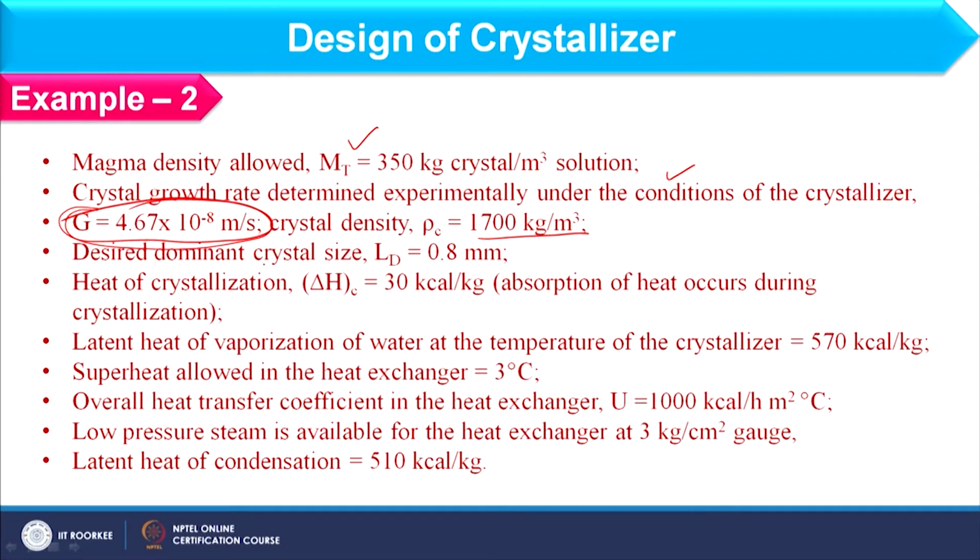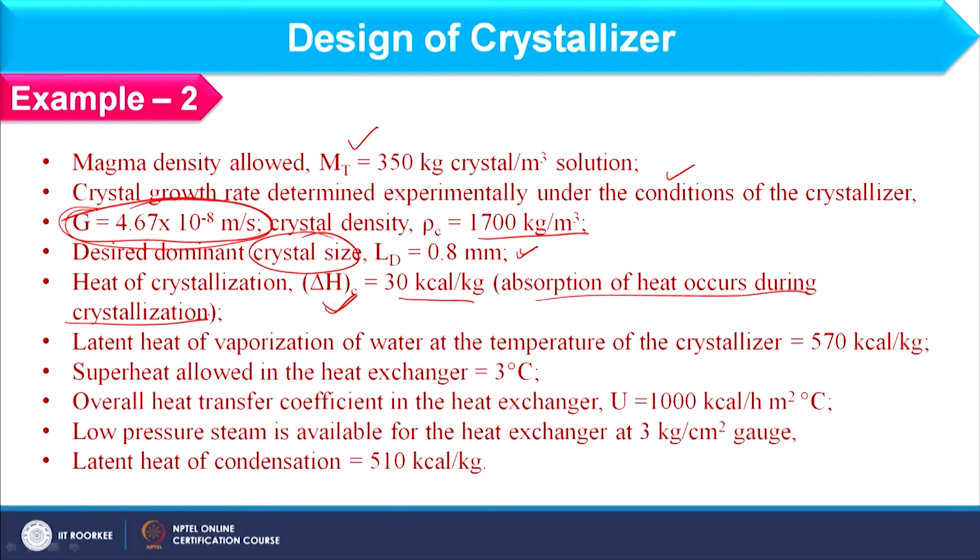Now the crystal size is basically the dominant crystal size, and that we consider as LD, and that is 0.8 mm. Okay. Heat of crystallization, because it is required to make the energy balance, and that is 30 kilocalorie per kg, and it is basically the absorption of heat that occurs during crystallization.